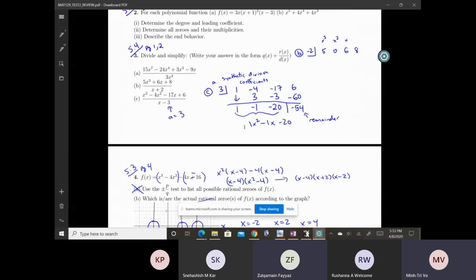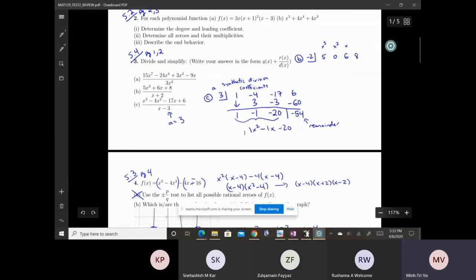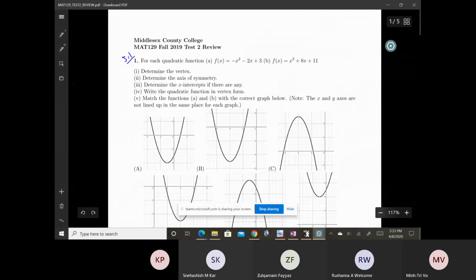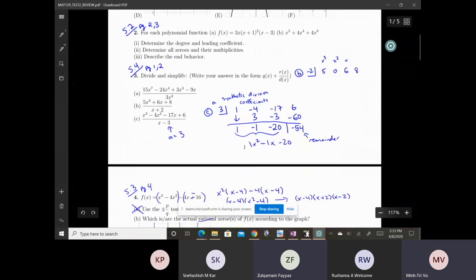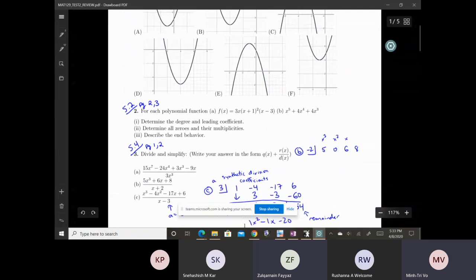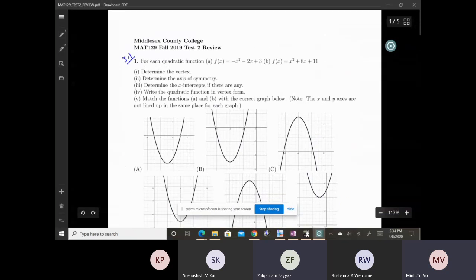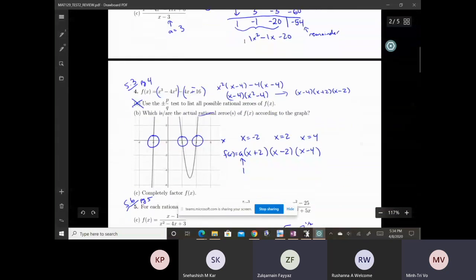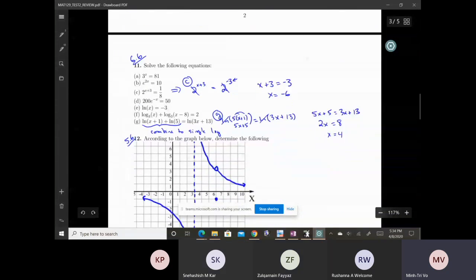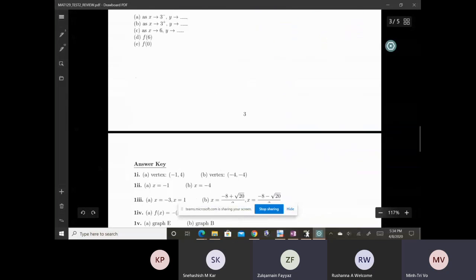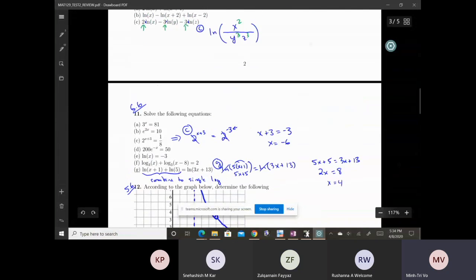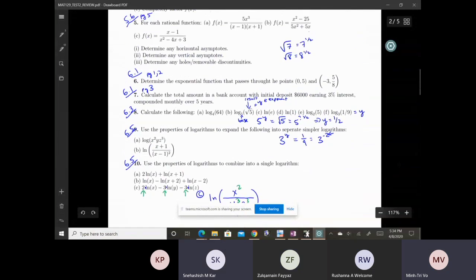If there's nothing else to discuss, I'm going to close the meeting. Wait. I'll post this with the annotations, so you can look over this again.